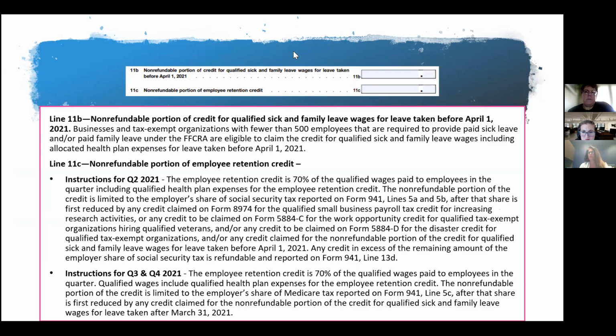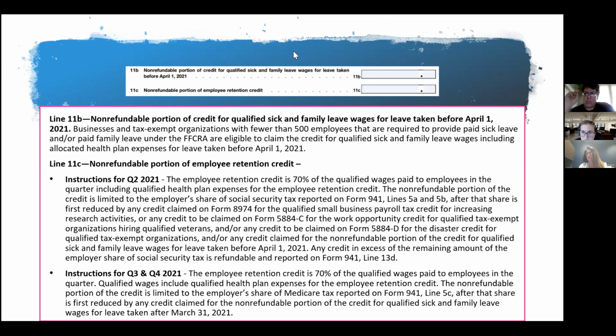The credit that employers receive for the qualified sick and family leave wages taken before April 1st, there's both a refundable and a non-refundable portion of it. The non-refundable portion goes on line B.